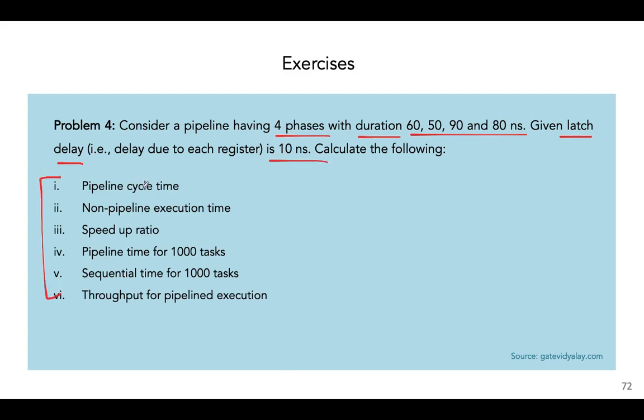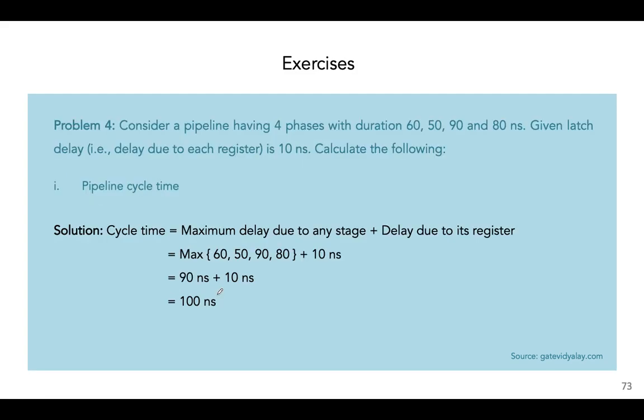First, pipeline cycle time, non-pipeline cycle time, aka non-pipeline execution time, speed up ratio, pipeline time for 1000 tasks, sequential time for 1000 tasks, sequential is nothing but non-pipelined, and throughput for pipelined execution. Let's take a look at them one by one.